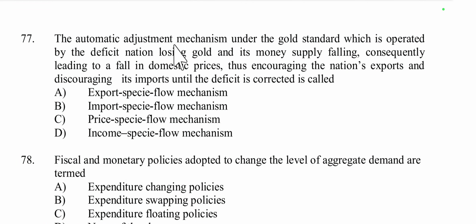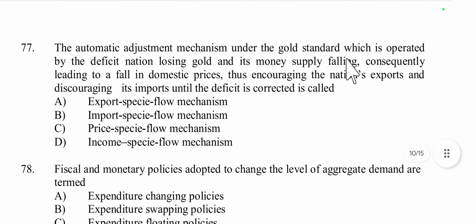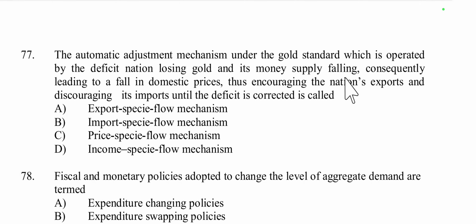Then question number 77. The automatic adjustment mechanism under the gold standard, which is operated by the deficit nation losing gold and its money supply falling, consequently leading to a fall in domestic prices, thus encouraging the nation's export and discouraging its import until the deficit is corrected, is called as the export specie flow mechanism? No. Import specie flow mechanism?